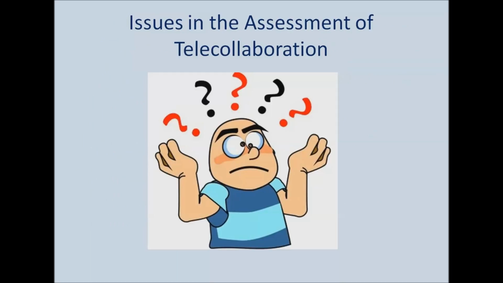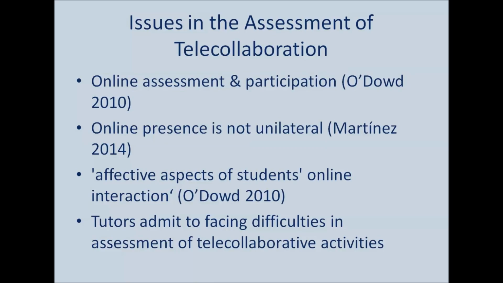Now, let's talk about issues in the assessment of telecollaboration. As regards O'Dowd's work 2010, his overview of research on issues in the assessment of online interaction identified a link between online assessment and participation as being one of the issues.